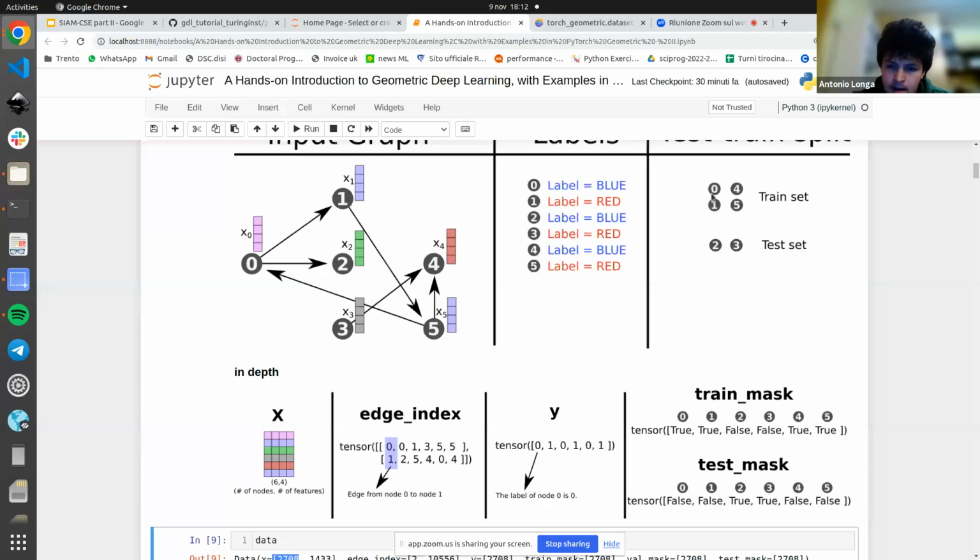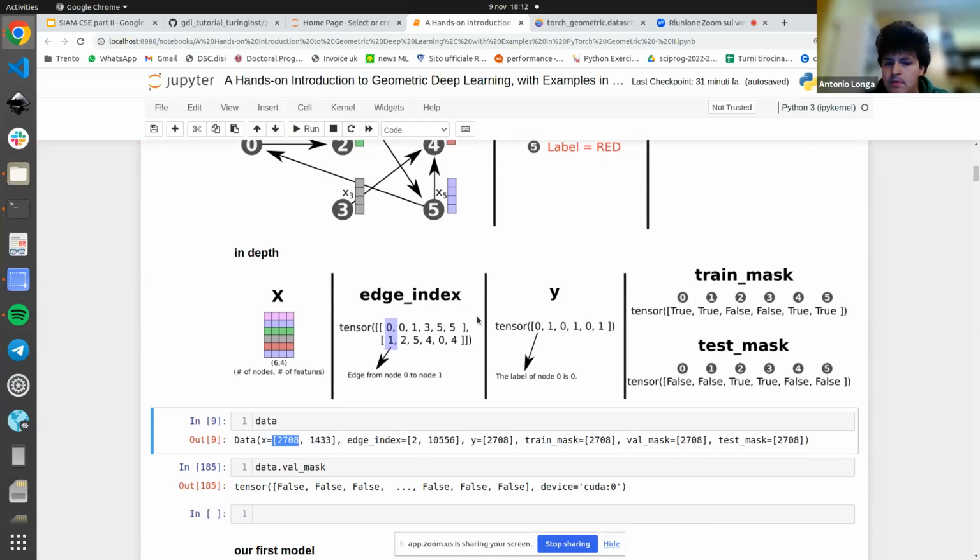Suppose again that in our toy example, we have nodes 0, 1, 4, and 5 in the train set. Then our train mask will be true, true, false, false, true, true. Basically, it is a simple Boolean mask that tells you which node belongs to the training set and which one belongs to the test set.